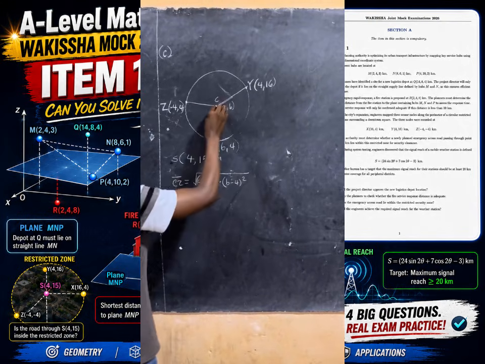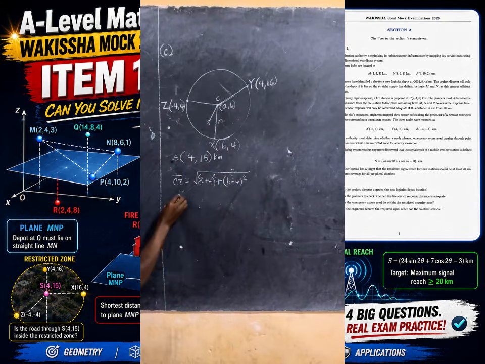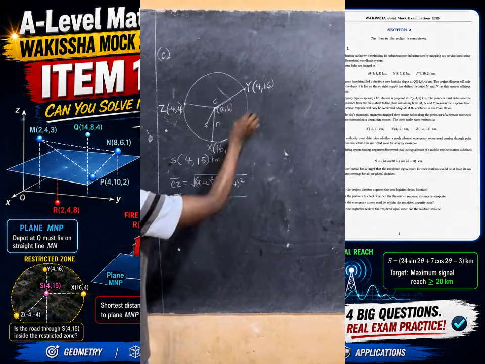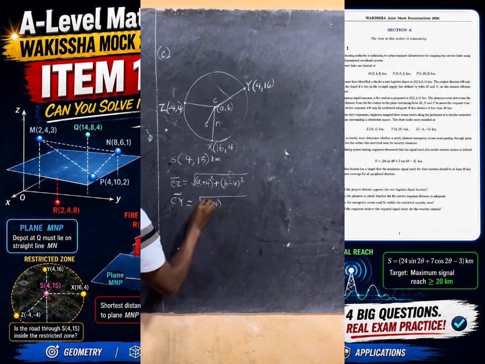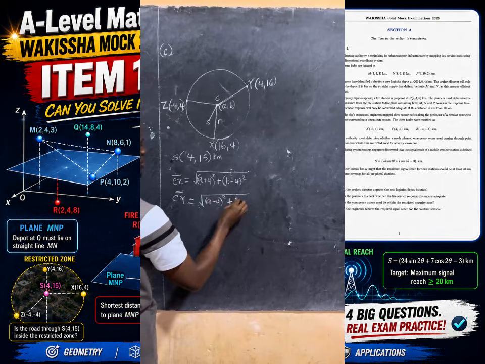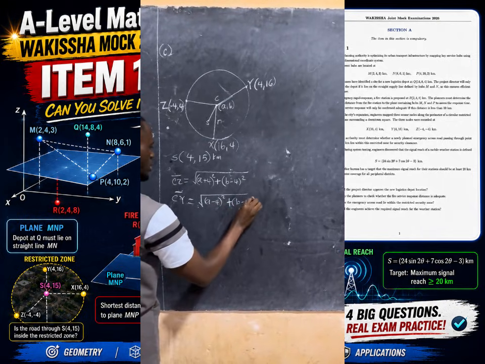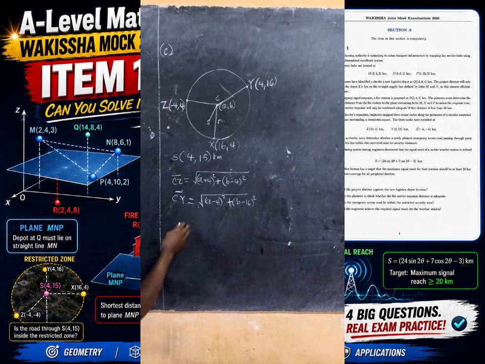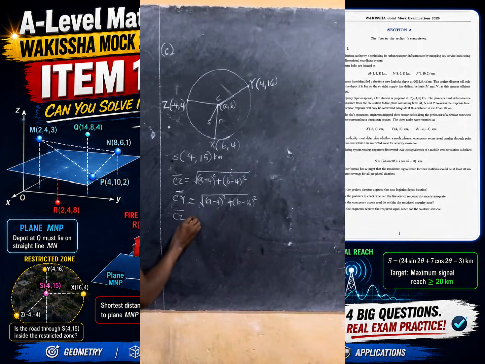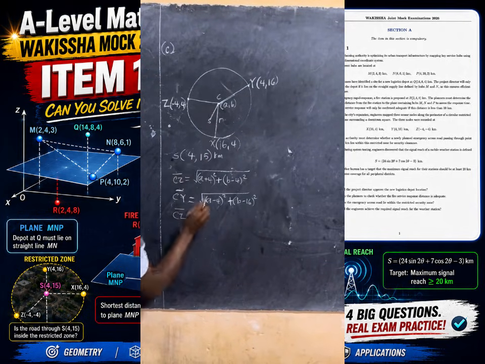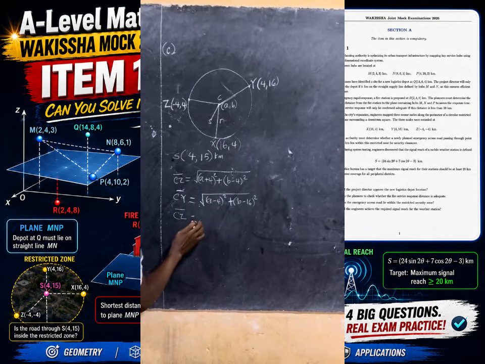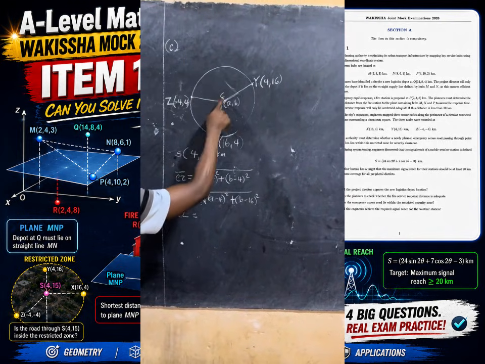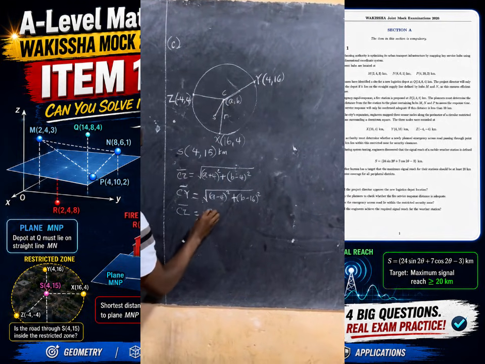Then I also need to get CY. Still, I'm going to use the same: (a minus 4) squared, plus (b minus 16) squared. But for purposes of solving them, since this is the radius and this is the radius, I can say CZ is equal to CY.